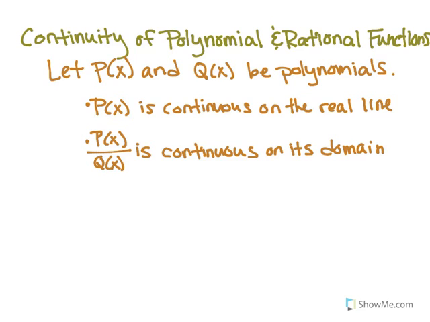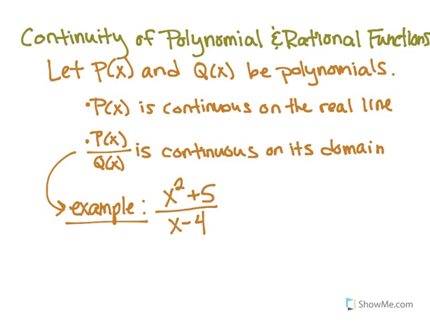The second thing is if we have a rational function, if we have a fraction, it's continuous on its domain. In other words, it's continuous everywhere except where q of x, or the denominator, is equal to 0. So, for example, here we have a quotient of x squared plus 5 divided by x minus 4. So we want to ask ourselves, where is the denominator actually equal to 0?